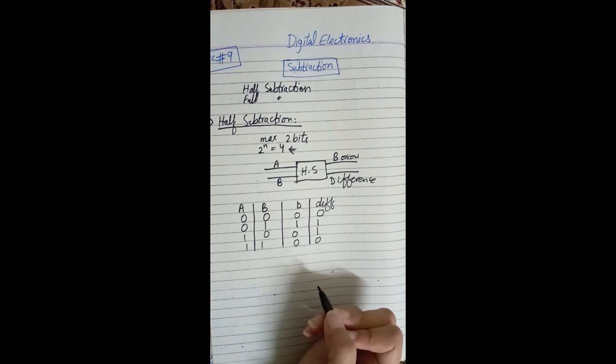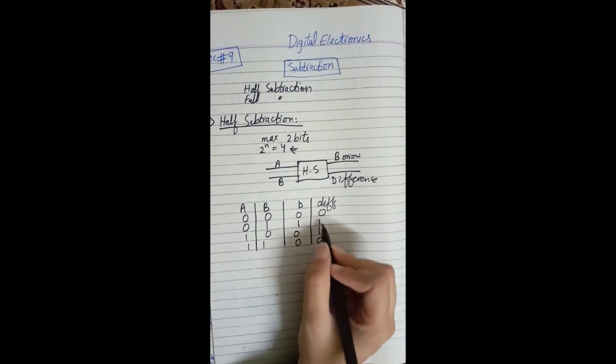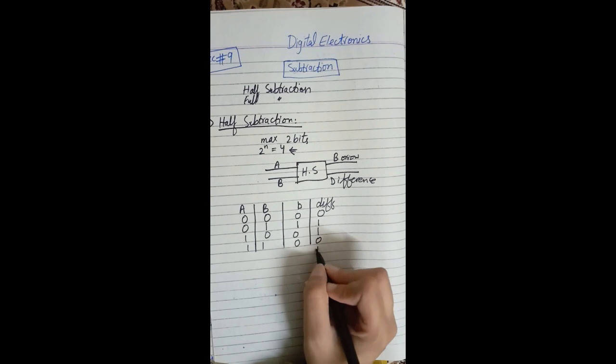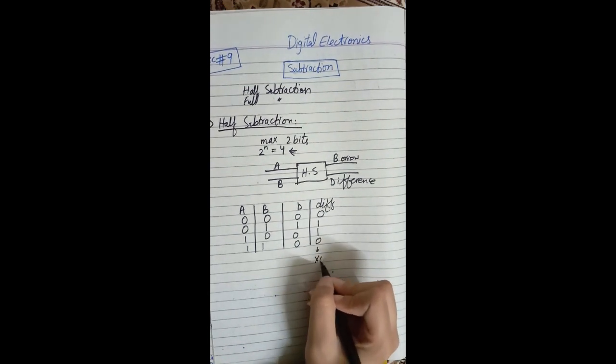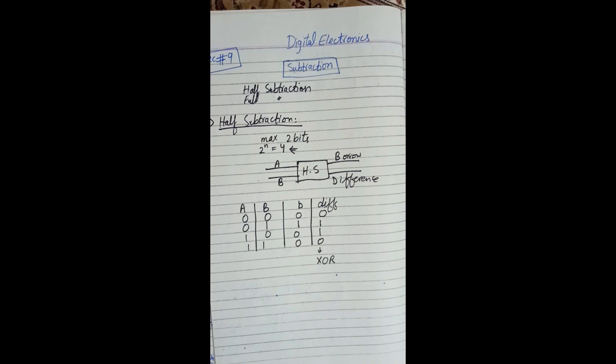Now we have to make the K map for it. We can see that for the difference, this is our logic gate XOR: whenever we have different inputs, our output will be 1, and for the same inputs, the output will be 0. This is the XOR gate. So we will make our circuit diagram for the XOR.